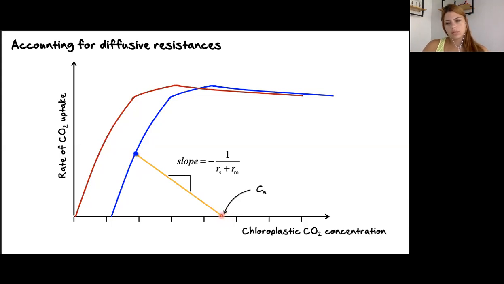That line between our chloroplastic CO2, our air CO2 concentration and the assimilation rate at the chloroplastic CO2 concentration is called the supply function. And that slope is equal to 1 over the total resistances. So then we end up with an assimilation rate which has a certain chloroplastic CO2 concentration at our given CA.